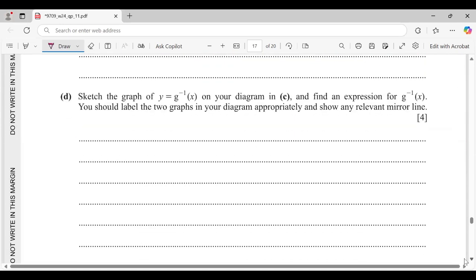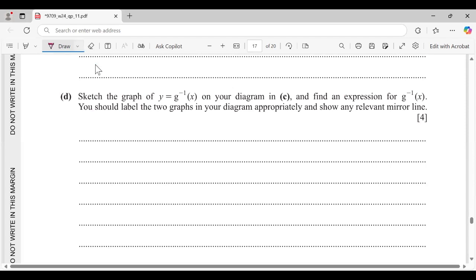Let's continue for D. Sketch the graph of y equals inverse g(x) on your diagram in C and find an expression for inverse g(x). You should label the two graphs in your diagram appropriately and show any relevant mirror line.